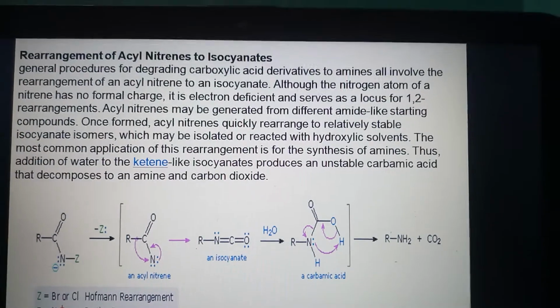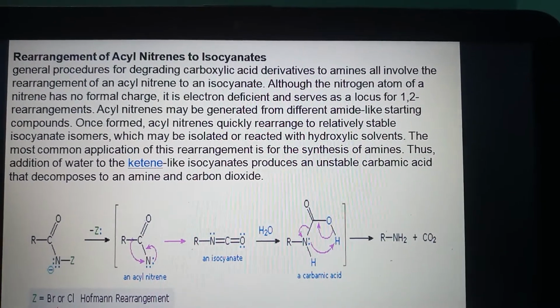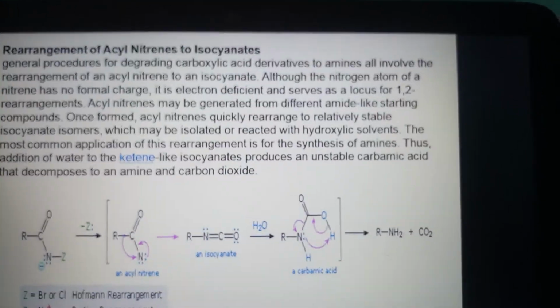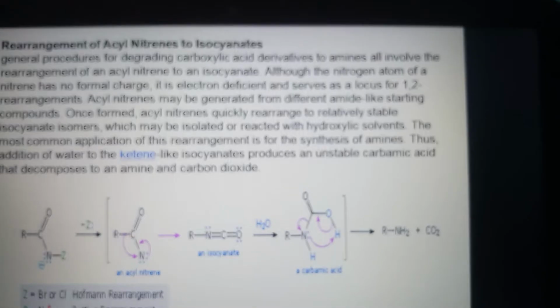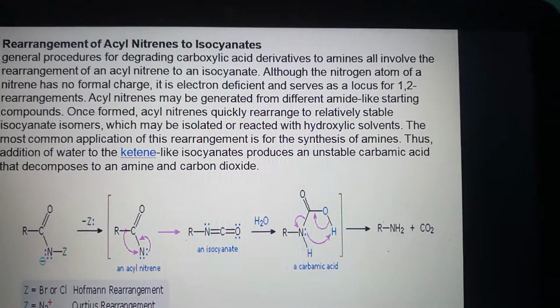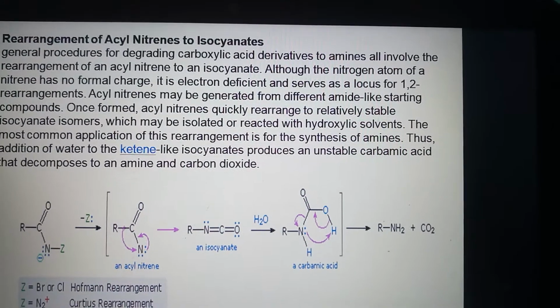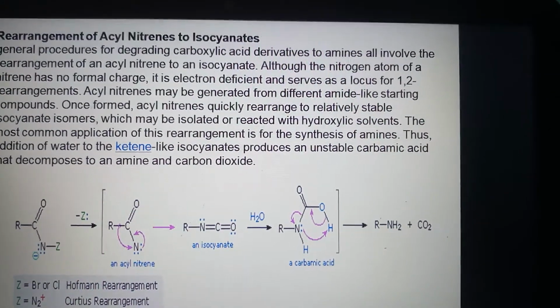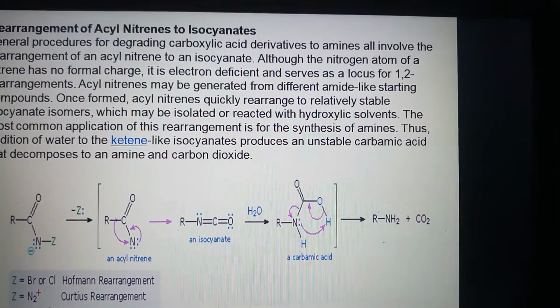Another strategy is rearrangement of acyl nitrenes to isocyanates. It is the general procedure for degrading carboxylic acid derivatives to amines. All involve the rearrangement of an acyl nitrene to an isocyanate.